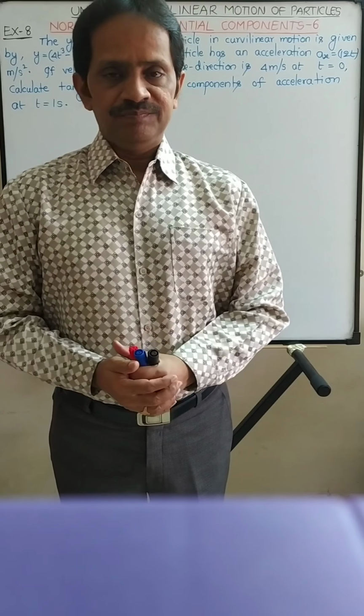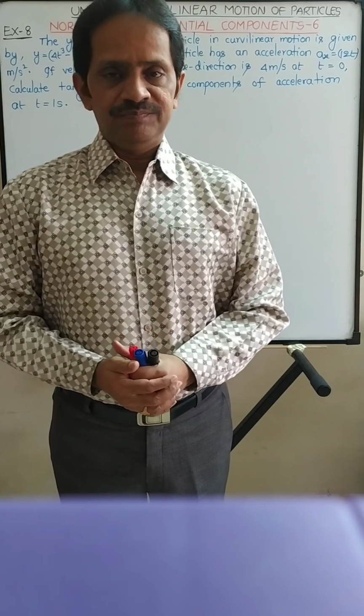The velocity of the particle in x direction, that is vx, is equal to 4 meters per second at t is equal to 0. So calculate the tangential and normal components of acceleration at t is equal to 1 second.